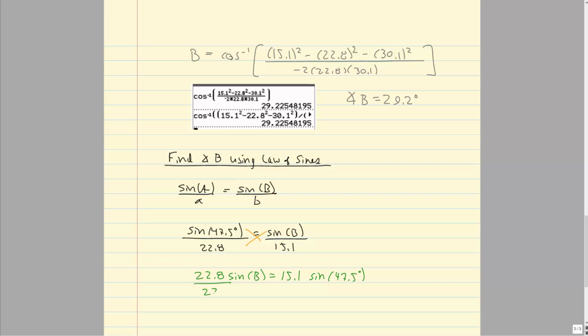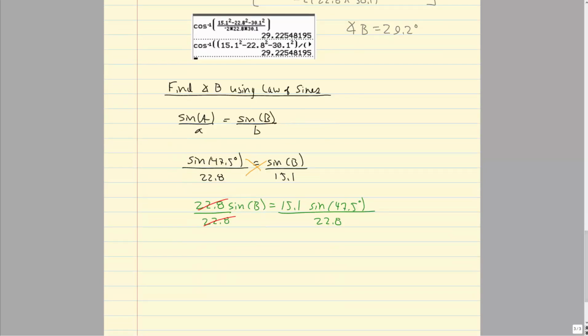Divide both sides through by 22.8. I have some canceling occurring here, and I have the sine of B equals 15.1 sine 47.5 degrees over 22.8.